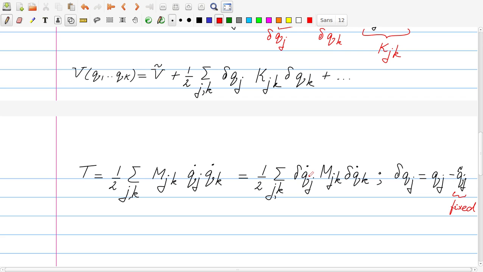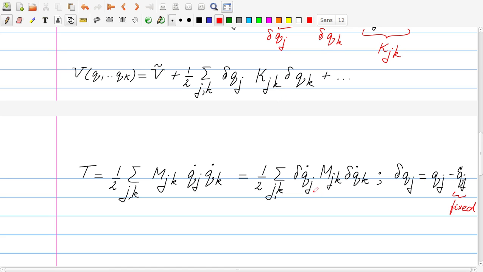And we see that together with this equation we have two very similar expansions, up to this V tilde, which is of course irrelevant because it's just an offset of the total energy. We could always choose the total energy such that this term vanishes. So up to that first term the expansions are very similar.